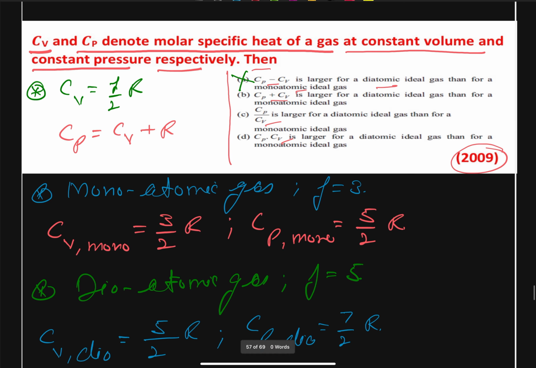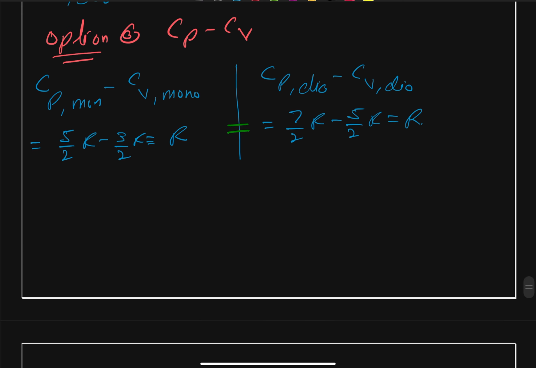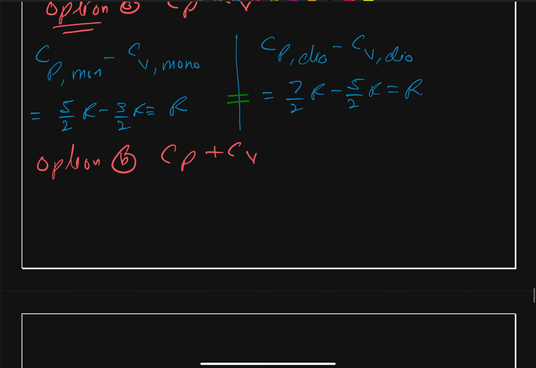Now we come to their addition. Option B, Cp plus Cv. Let us do it for mono.